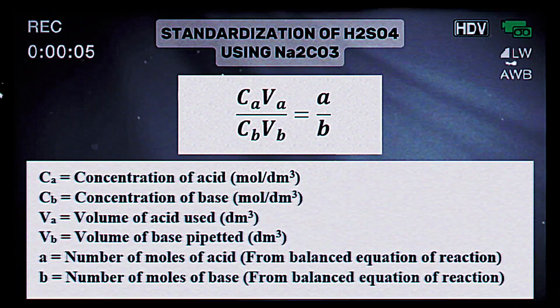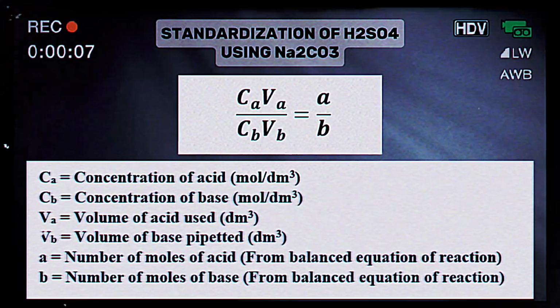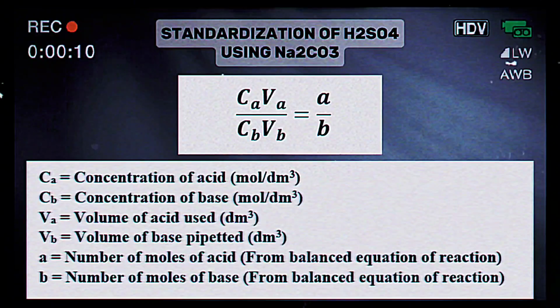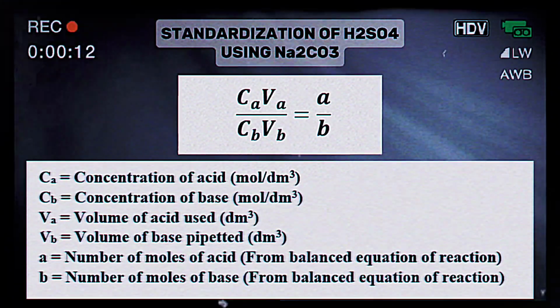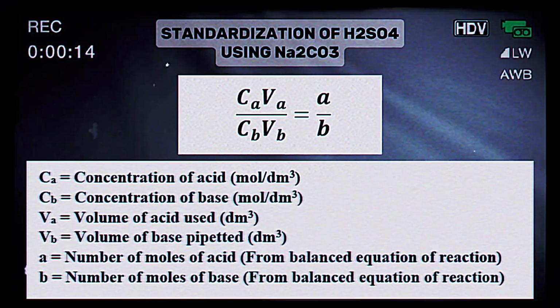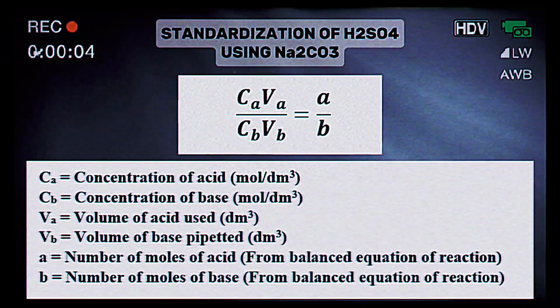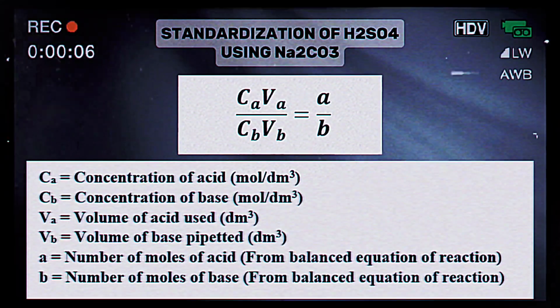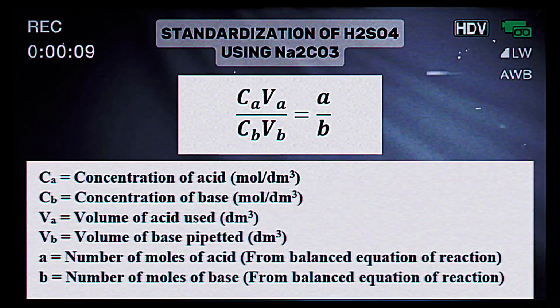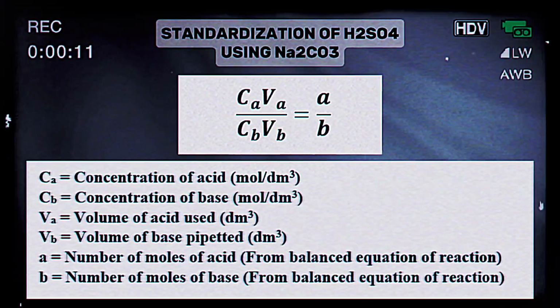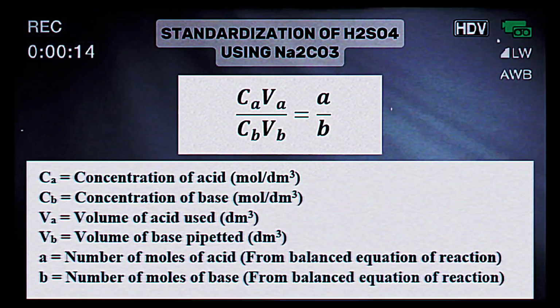Now, to determine the concentration of the pure acid by titration, because that is the essence, you're going to use the same formula. Just make CA the subject, all right? Substitute in your values. And remember, we are working in mole per dm cube. So whatever volume you're given in cm cube, try to convert it to dm cube.